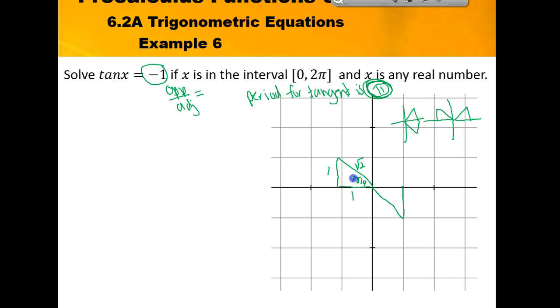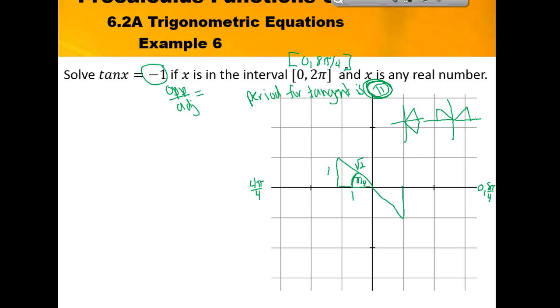Okay, now this little angle is pi over 4. So this is 0, and this is 4 pi over 4. And this would be 8 pi over 4. And we're looking for the interval 0 to 8 pi over 4.